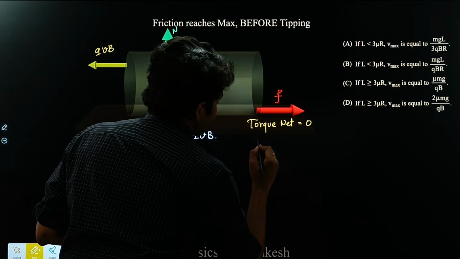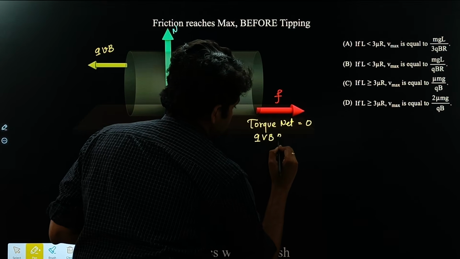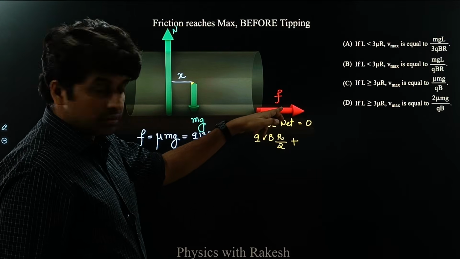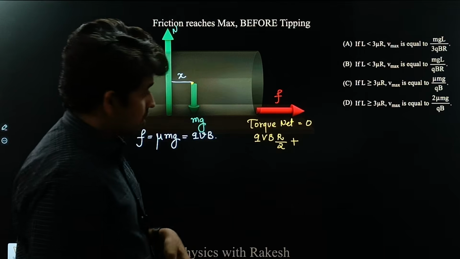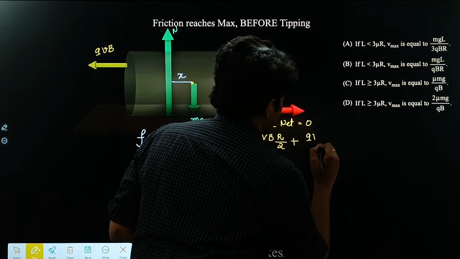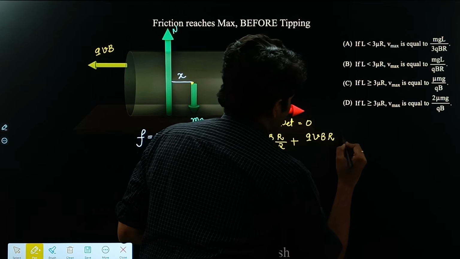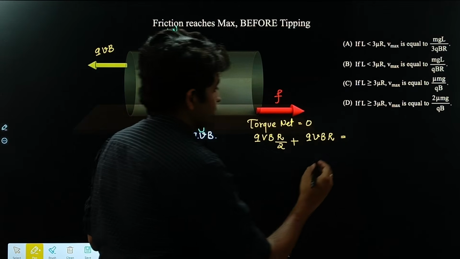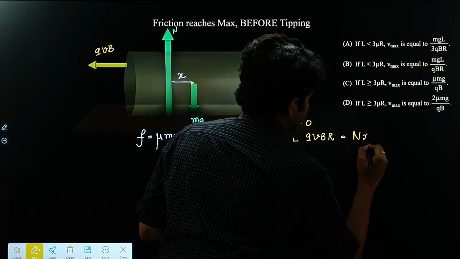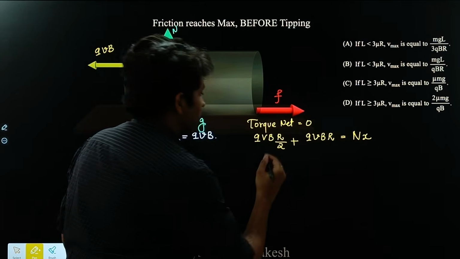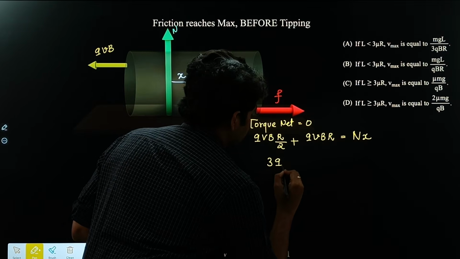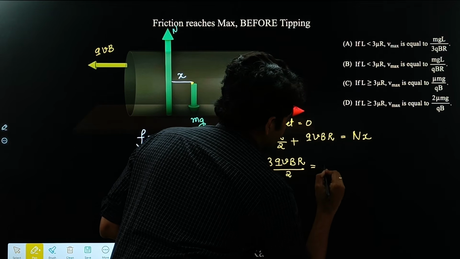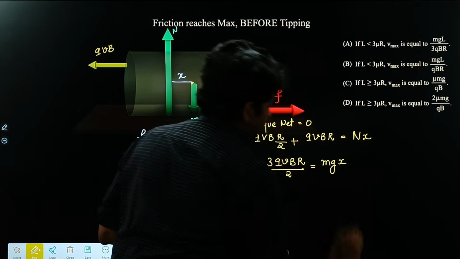So QVB into R by 2 plus the torque due to friction, friction into R. Friction is also QVB, so that is QVB into R, equal to normal reaction into this X, N into X. So I can simplify this and write 3 QVB into R by 2 equal to mg into X.